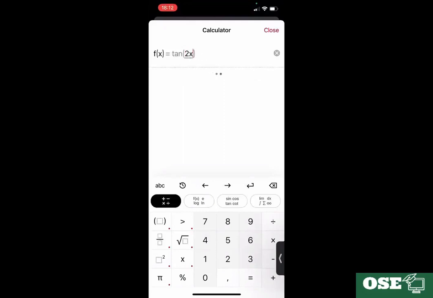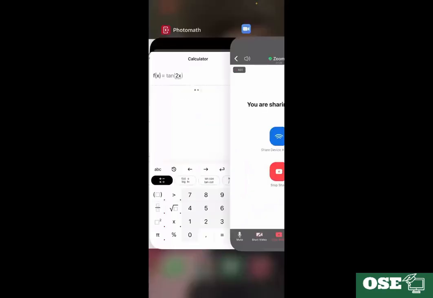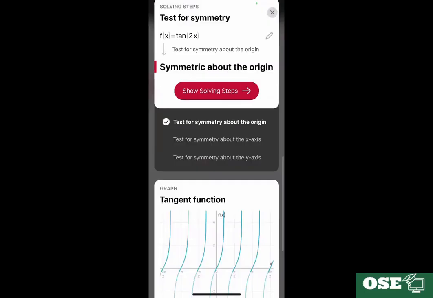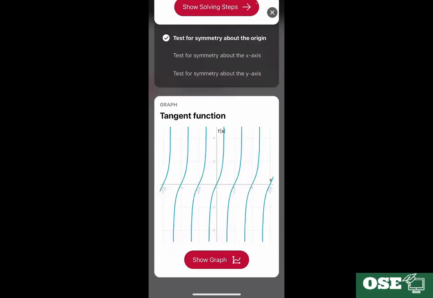Let me see if we'll see the graph. Can you guys see my screen? Yes, ma'am. I'm trying to get it to load. So the graph will look, they said from interval 0 to 90.